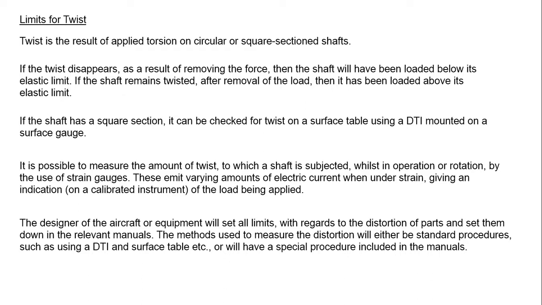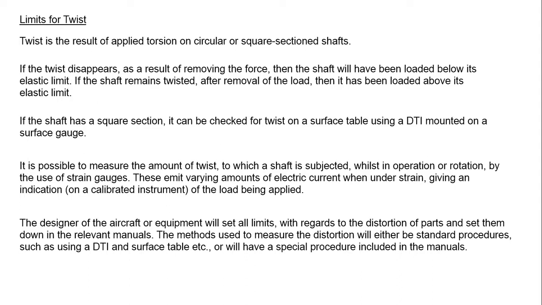It is possible to measure the amount of twist to which a shaft is subjected during rotation by the use of a strain gauge. So the concept for checking the twist is that we can measure the strain limit of the shaft with the help of the strain gauge, right? Both of the videos have been shared with you, so don't worry.